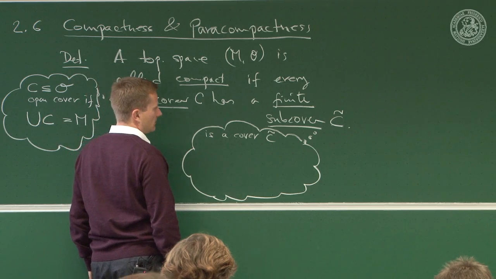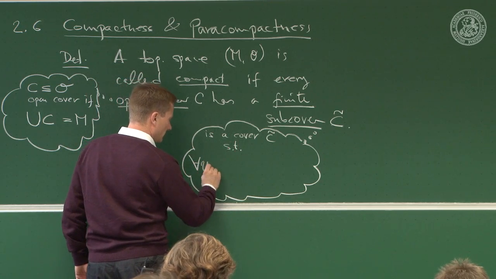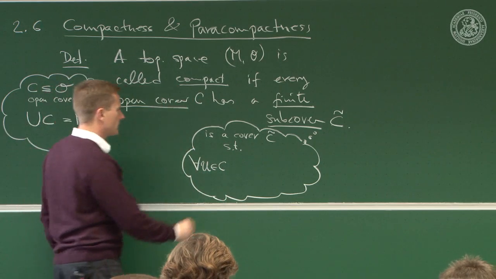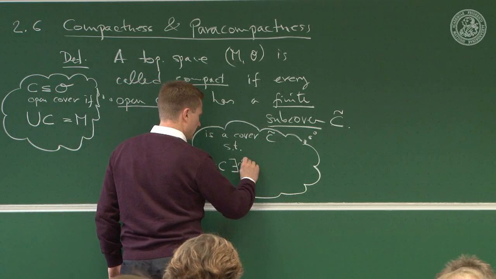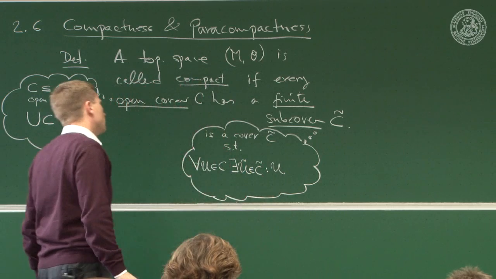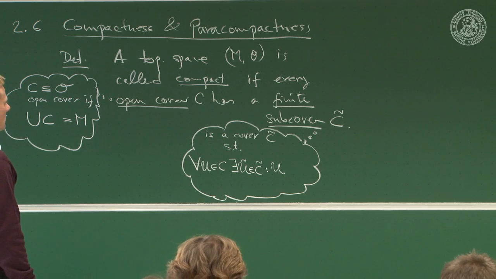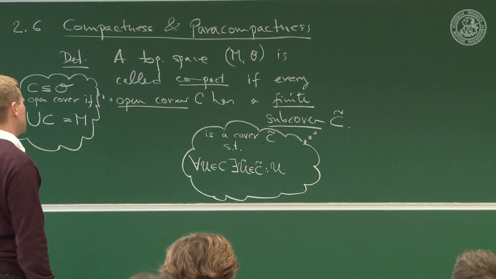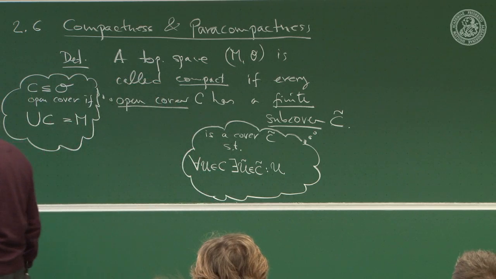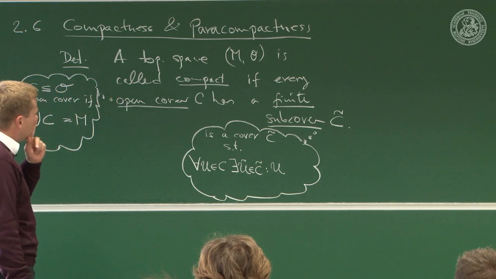It's a cover C twiddle, such that for every element in the cover, for every open set in the cover we have, there exists an element U twiddle in C twiddle such that U... hang on a second. For every U in C, there exists a U twiddle in C twiddle. No, this is already the refinement. Hang on a second. That's too weak.